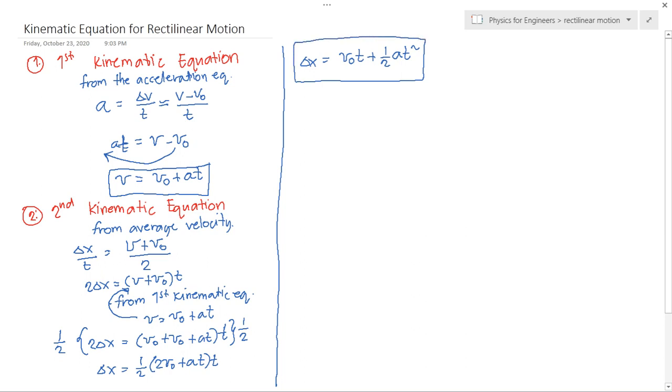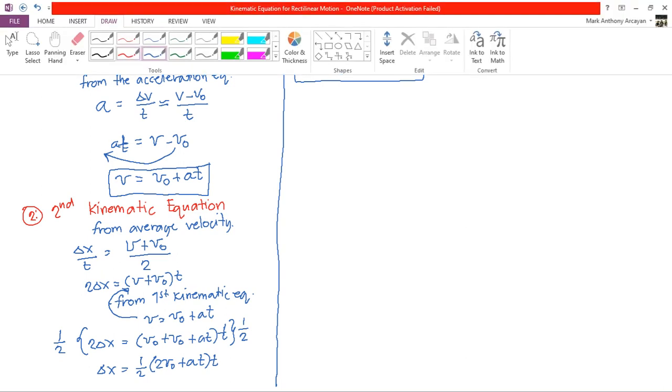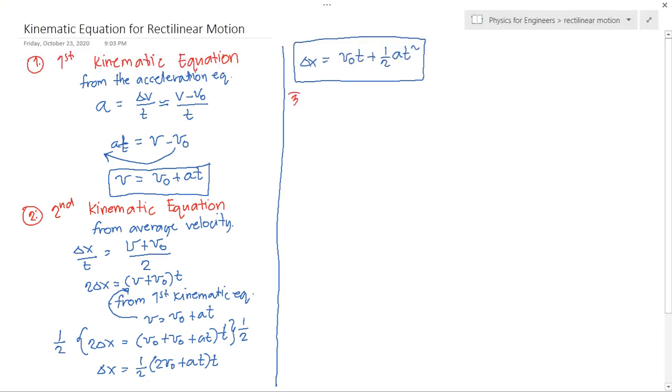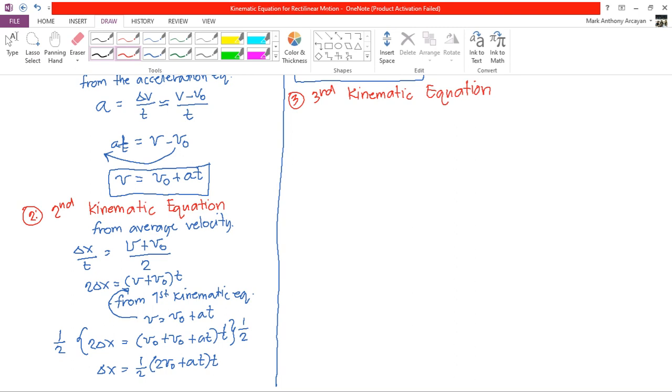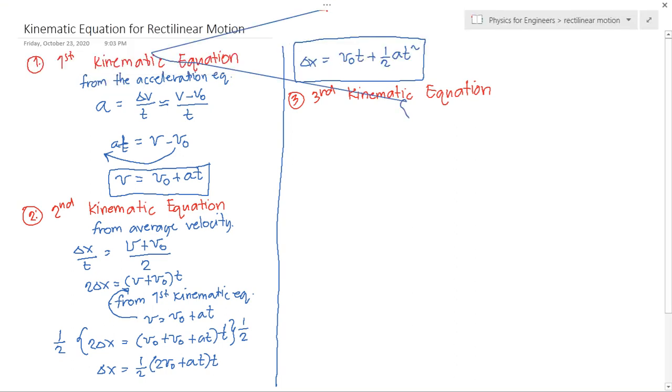Then we also have the next one, so yung third kinematic equation. So from our third kinematic equation, medyo dami na niyang assumption.